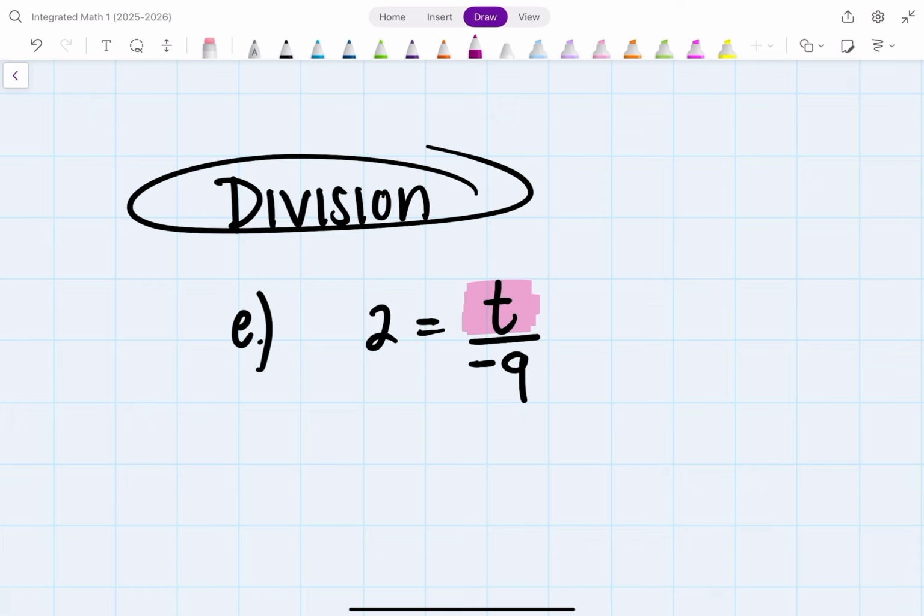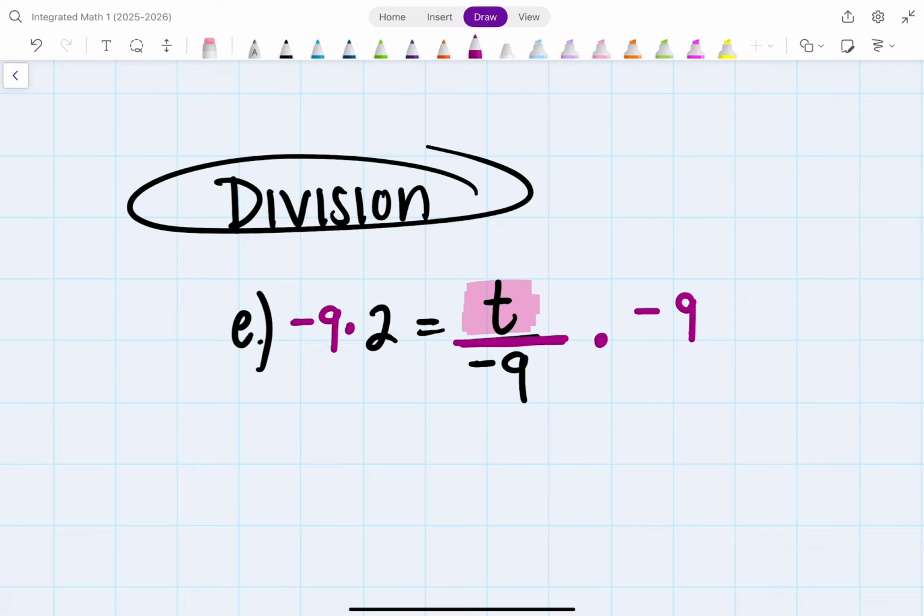Right now, there's division happening between t and negative 9. The only way to get rid of the negative 9 when it's dividing is to multiply by a negative 9. So I'm going to multiply both sides by a negative 9.